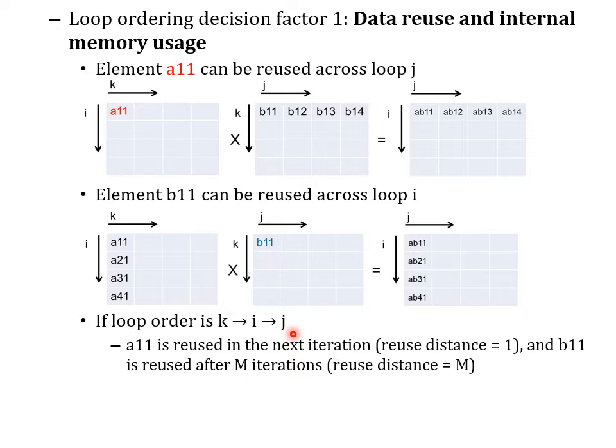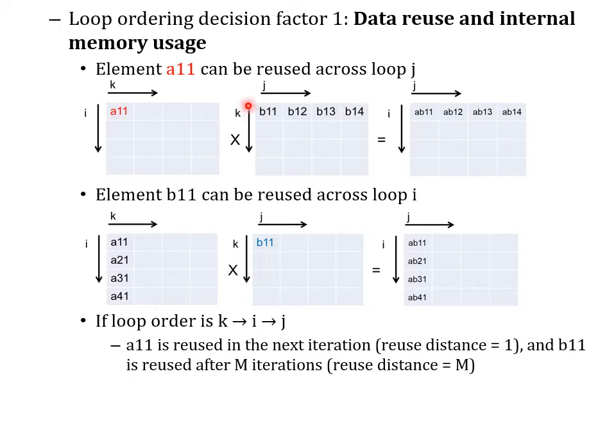We already agreed that we can reorder the loops freely as long as we do the initialization properly. So from the viewpoint of accessing A11, we're going to order the loops K, I, J. You see that we keep accessing the same A11 in the J loop, the innermost loop.